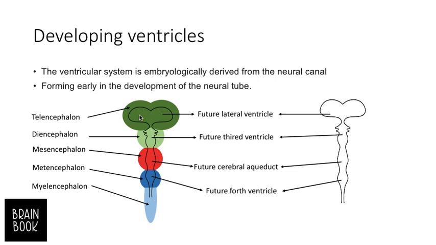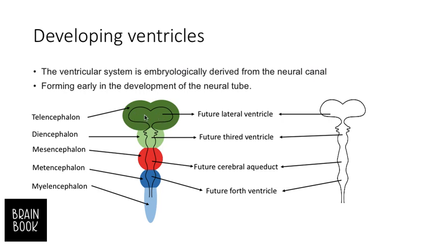The ventricles are derived from the neural canal, and they form early in development in the neural tube. As we said, we have a Y form, like the letter Y in the English alphabet. We have a Y form that these two parts form our right and left hemisphere.